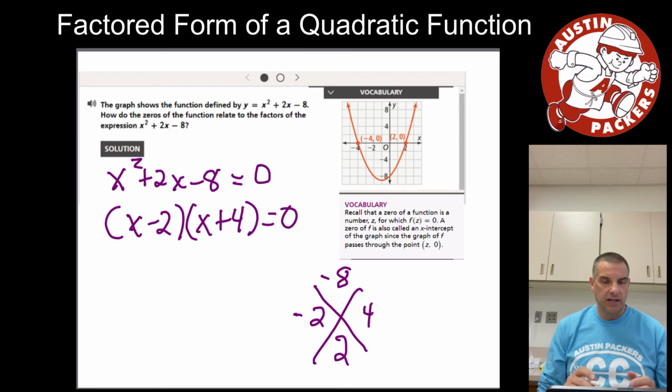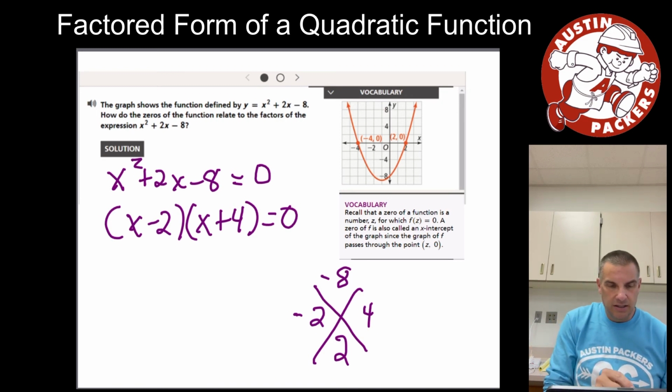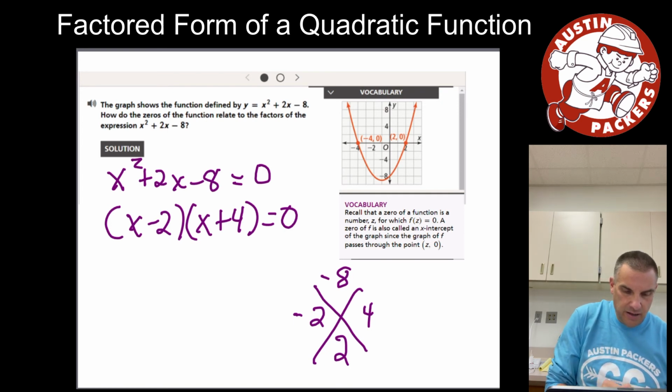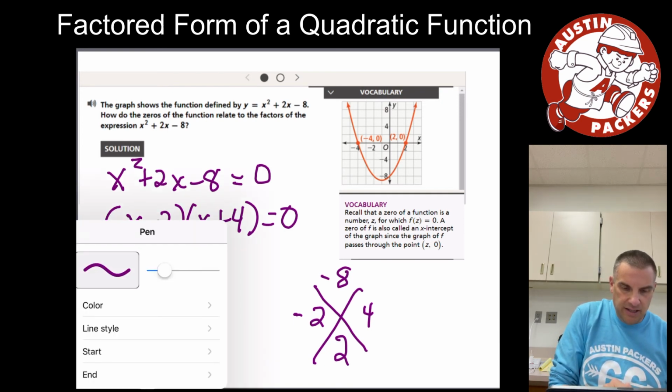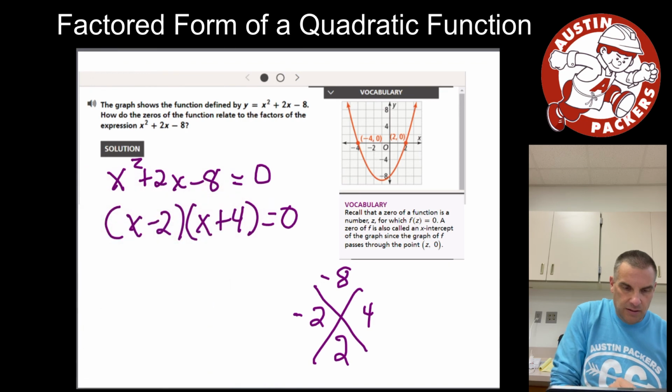What the zero product property says is that if a times b equals 0, then either a has to be equal to 0 or b has to be equal to 0. So in here, really what we have right now is we can say that our a value is equal to x minus 2, and our b value is equal to x plus 4.